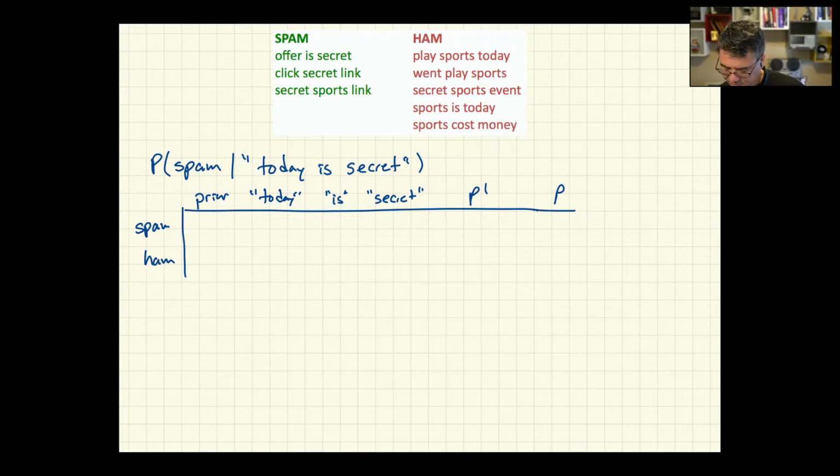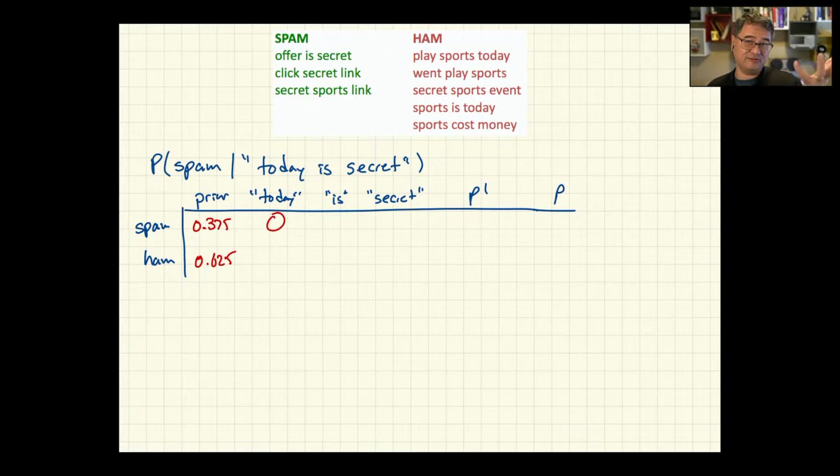Okay, spam is 0.375 and ham is 0.625. Today, given spam, is, well, today never appears. So we got a 0 there.